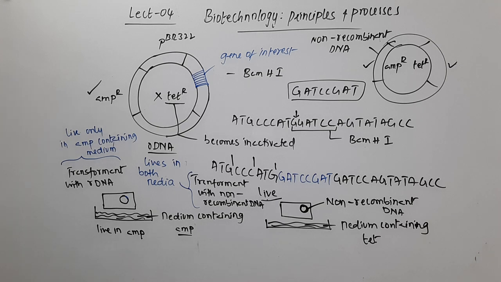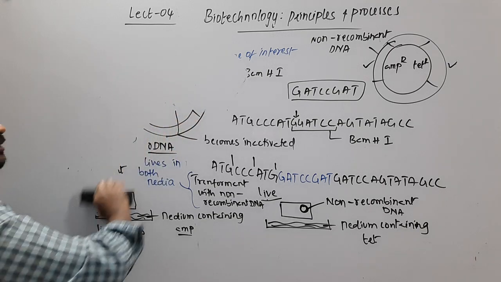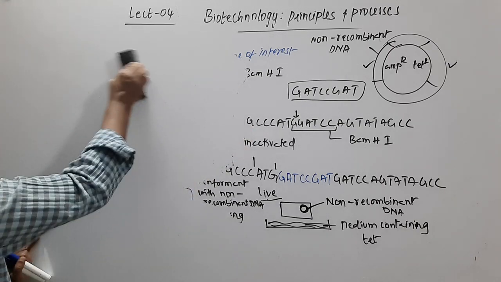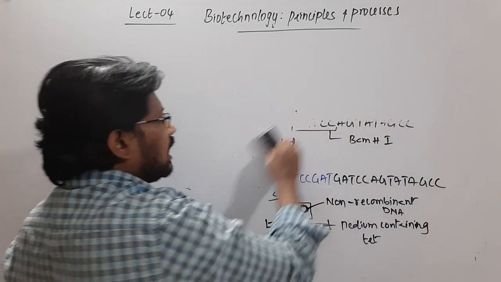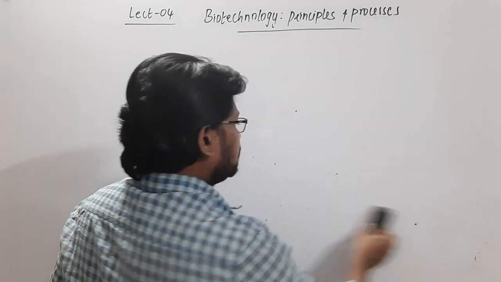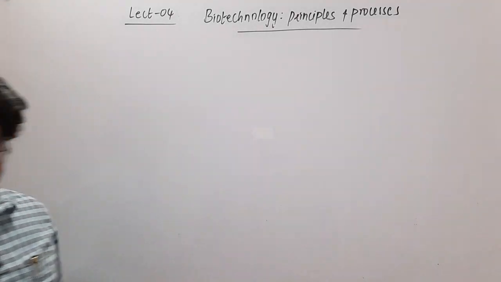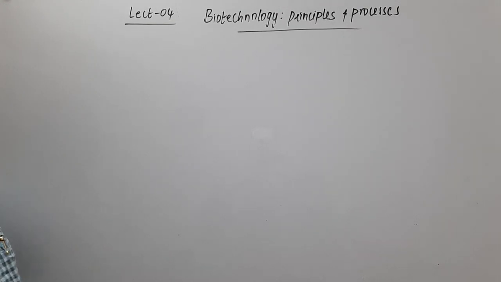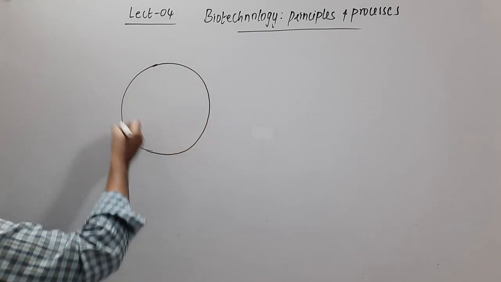So for that reason, scientists started finding a new way, and they came up with another solution. What is that? Instead of antibiotic resistance genes as selectable markers, they started using enzymes as selectable markers.